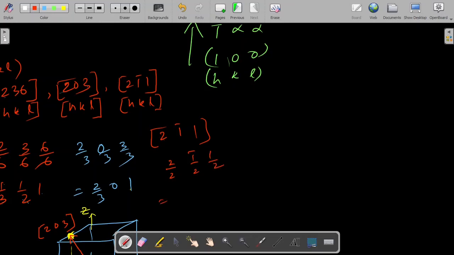This is 1, this is half bar, this is half. So these are, in a way, the intercepts. So this is how much you need to move along x, y and z. Remember, now y is negative. So now you have to be careful to choose the origin.